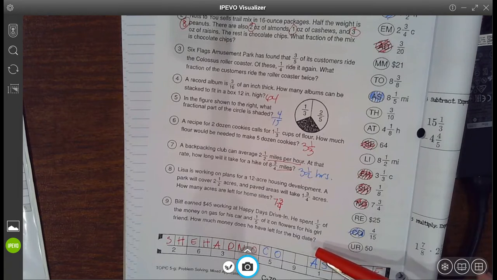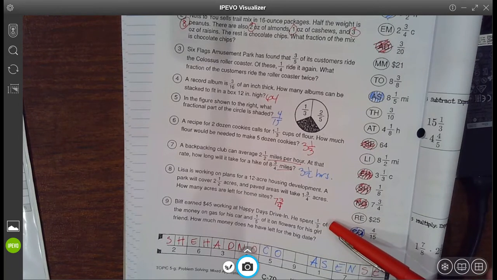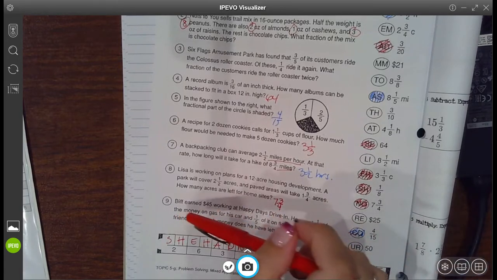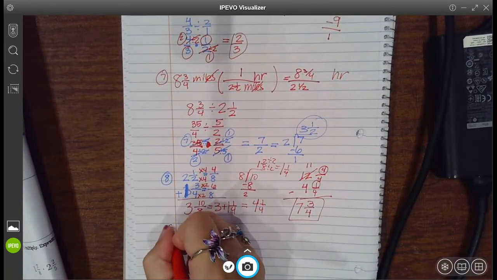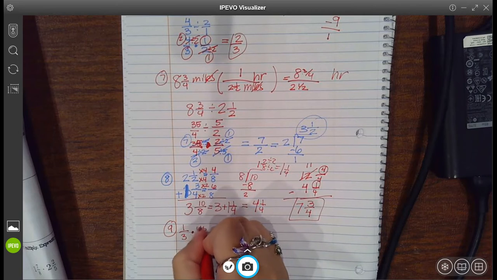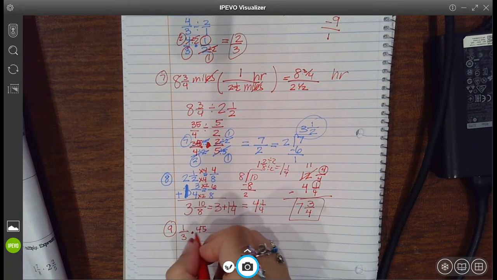Well, when you have 1/3 of the money, what do you think you do with that? Add, subtract, multiply, or divide? 1/3 of this amount, we're going to multiply it, right? So 1/3 of what? The money that he had. So 45. So number 9, we have 1/3 of the $45 is spent on gas.